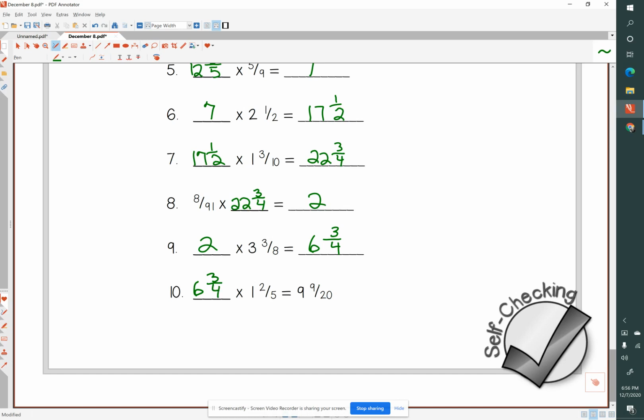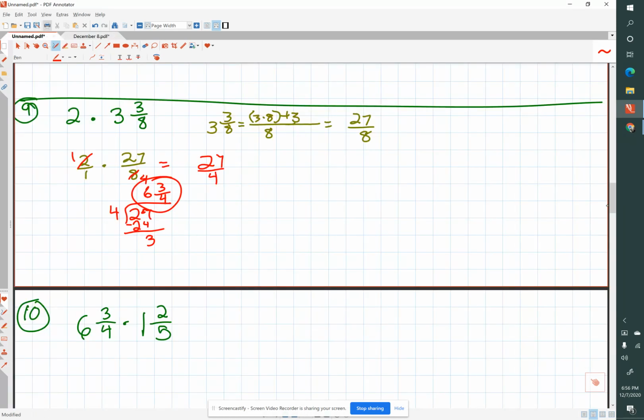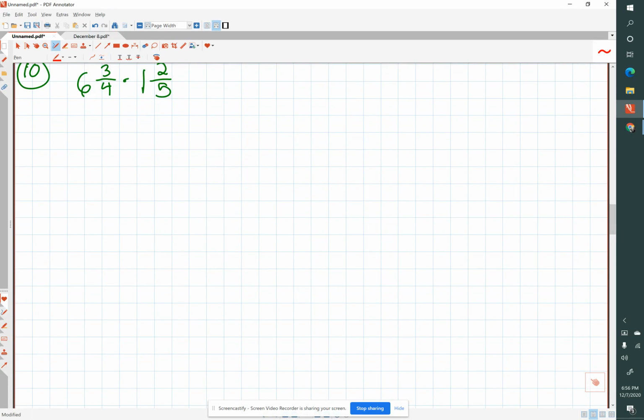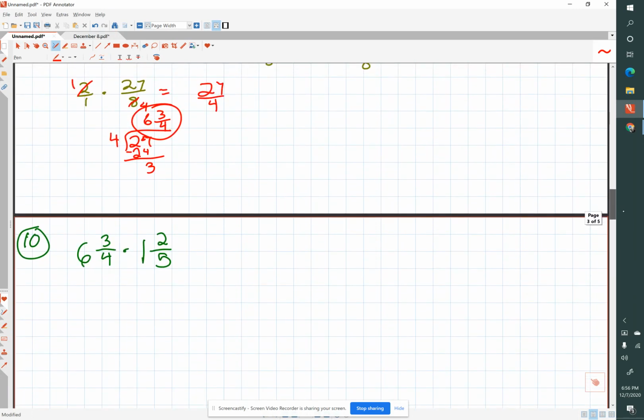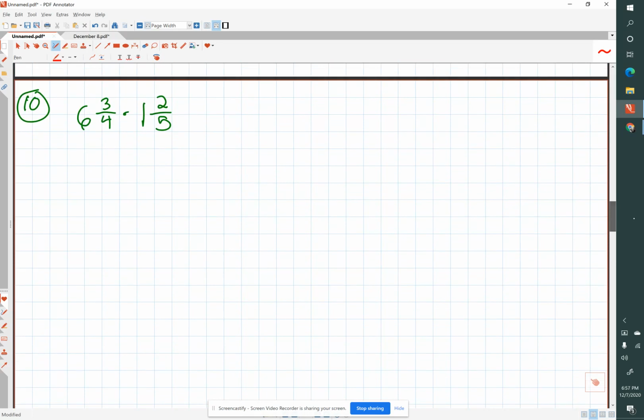And we don't just stop there, we do want to check this answer. So let's multiply 6 3/4 by 1 2/5. So 6 3/4 we know is 27/4. And 1 2/5 we will convert. So 5 times 1 plus 2. 5 times 1 is 5, plus 2 is 7/5.